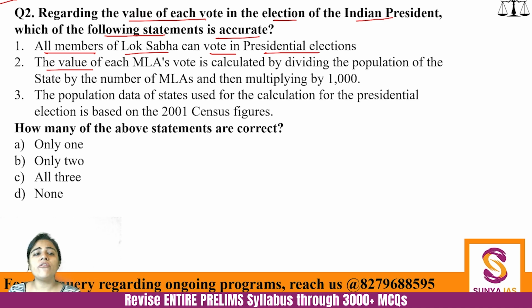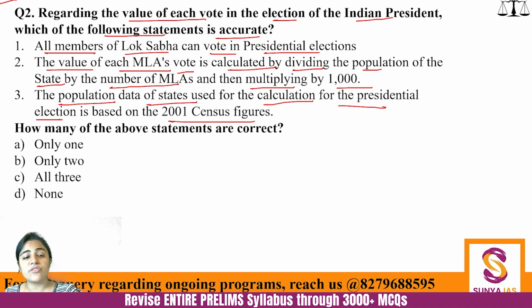The value of each MLA's vote is calculated dividing the population of the state by the number of MLAs and then multiplying by 1000. And the population data of states used for the calculation for the presidential election is based on the 2001 census figures. How many of the given statements are correct?